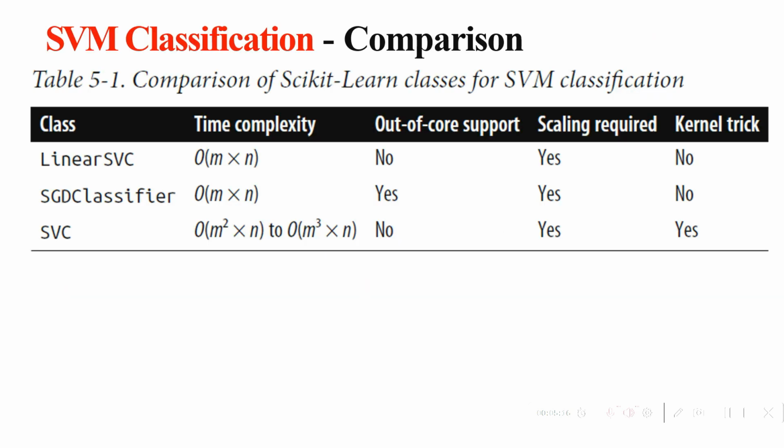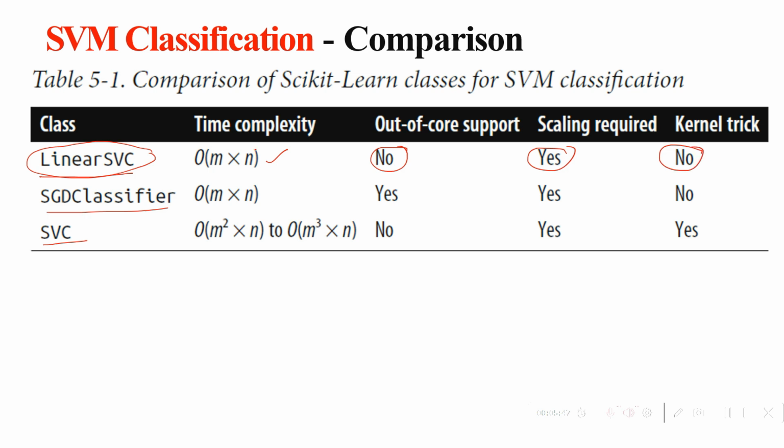There are three types of classifiers here: LinearSVC, the stochastic gradient classifier, and SVC. For LinearSVC, the time complexity is O(m × n); it does not support out-of-core learning, it requires scaling with the standard scaler, and it does not support the kernel trick.